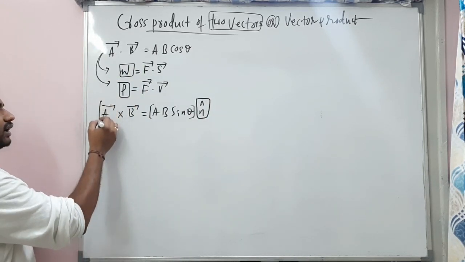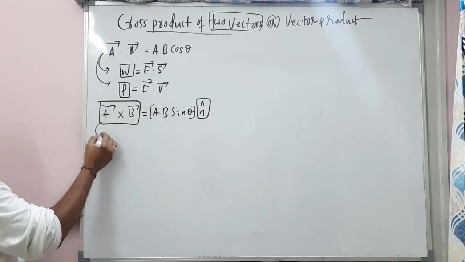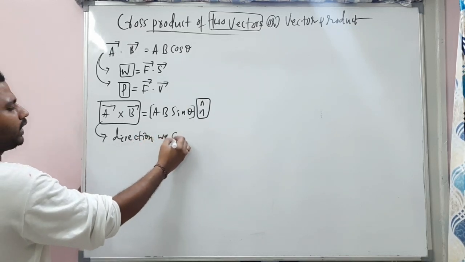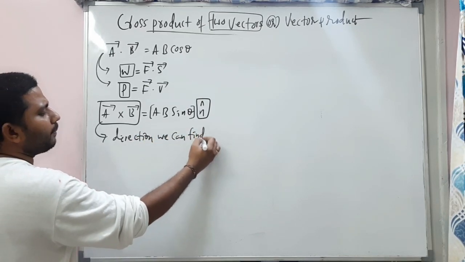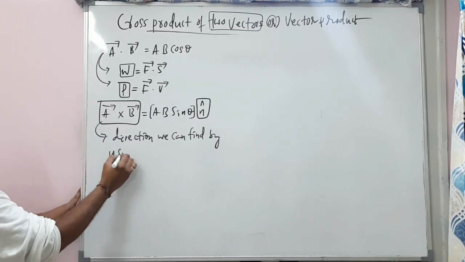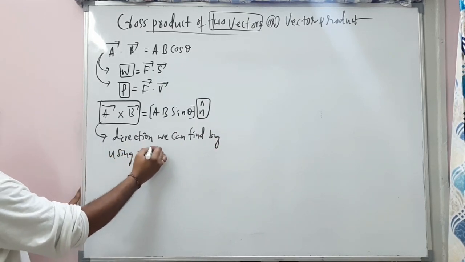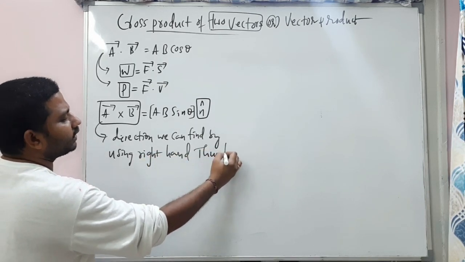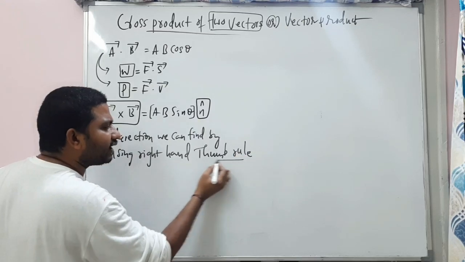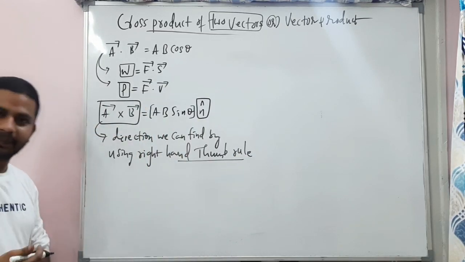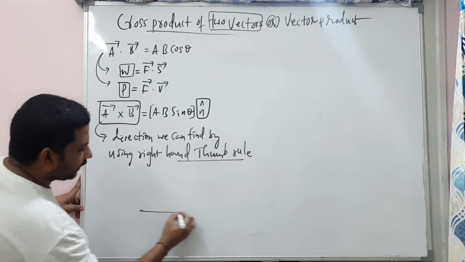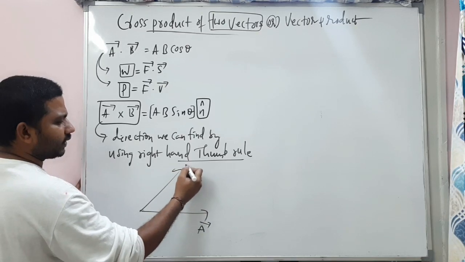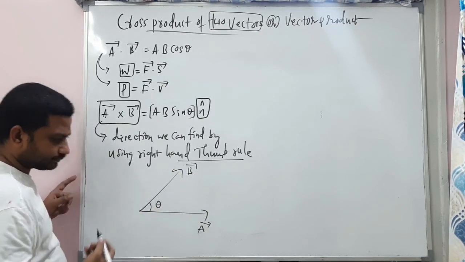So this A bar cross B bar direction we can find, listen here, by using the right hand thumb rule. What is that rule? Right hand thumb rule. Very simple and important, my dear students. So I have a vector A bar and a vector B bar here. Observe, the angle between them is theta.